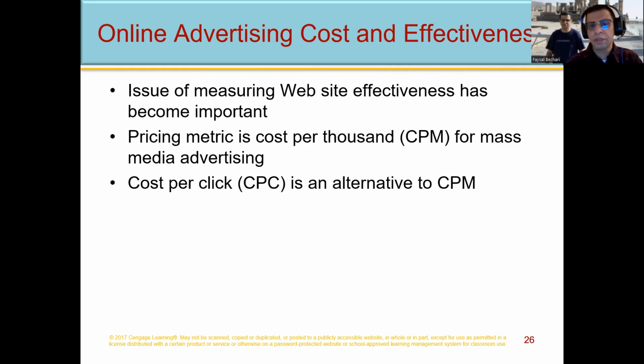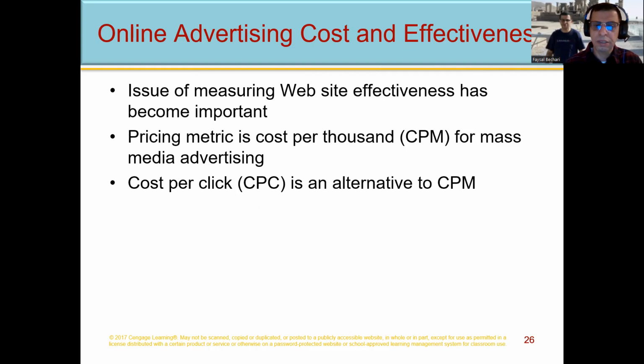So, online advertisement cost and effectiveness. There is what you call CPM. The M means thousand in the Latin word. So it's a pricing metric, cost per thousand for mass media advertisement. And we have cost per click, which is used on the internet today.